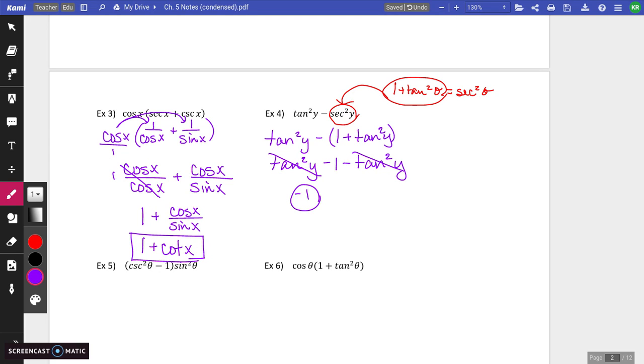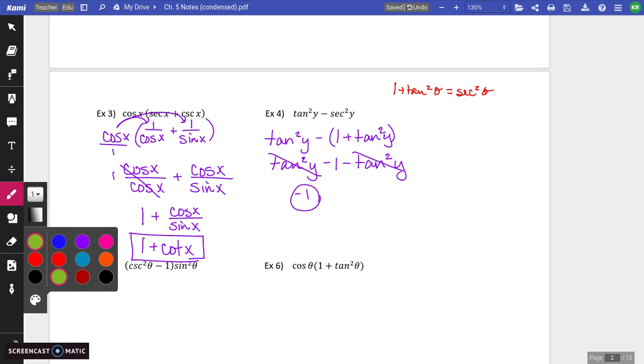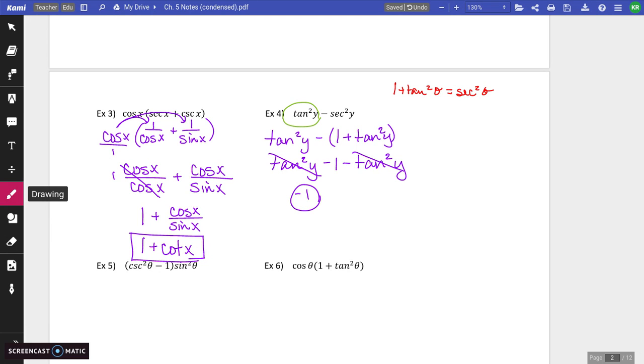Now let's have another conversation. We don't always see the same things when we look at these expressions. Let's say I see this and say, there's tangent squared. Here's tangent squared. If I want to, I could solve this equation for tangent squared.